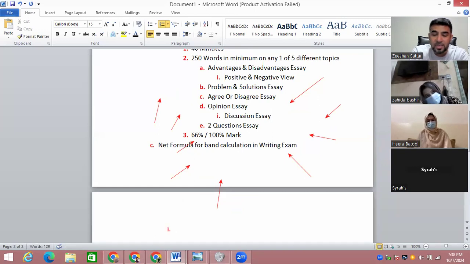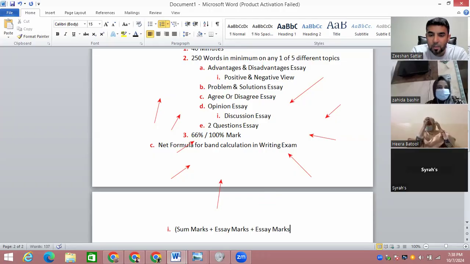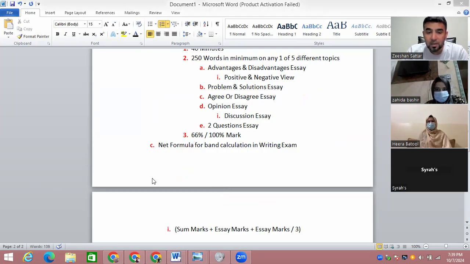The net formula is (summary marks plus essay marks plus essay marks) divided by 3, and I'm closing the bracket. It is the formula on which your writing band will be calculated. So we should be very vigilant to understand that the summary will give us only 1 part out of 3, and the essay will give us 2 parts out of 3.